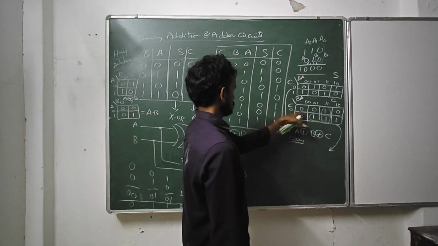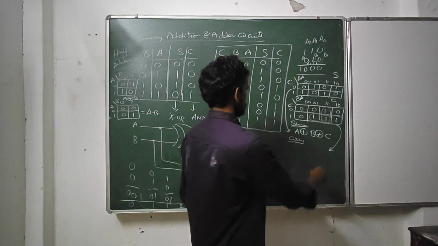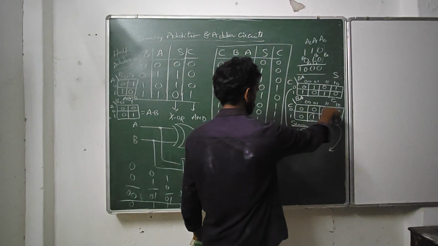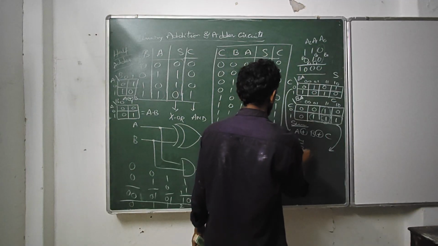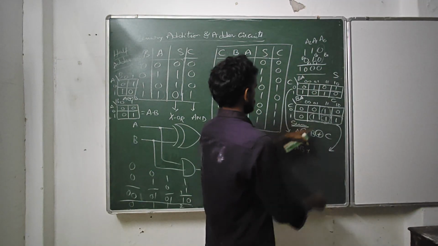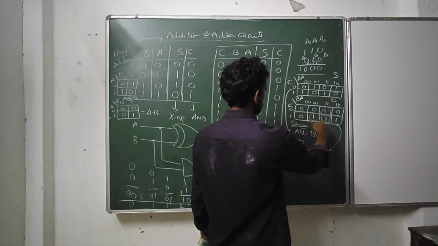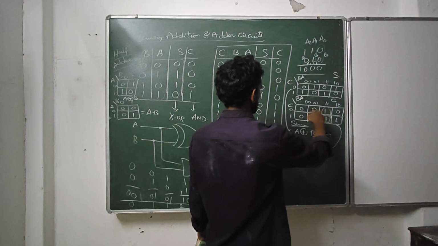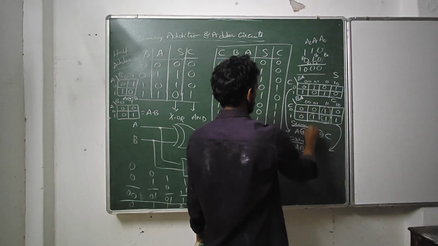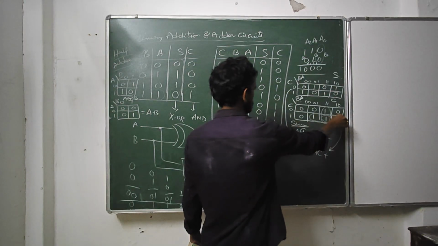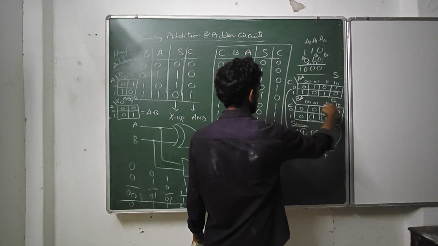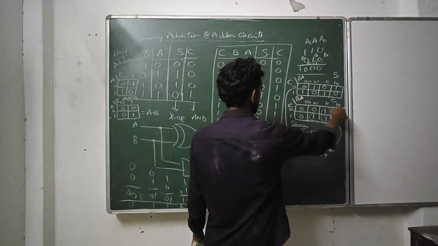So the first one, C gets eliminated. You will be left with AB. The second case, B gets eliminated. You will be left with AC. Third case, AB.